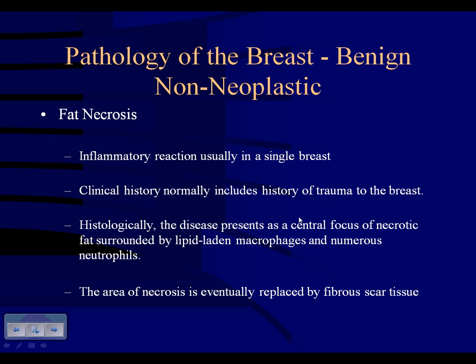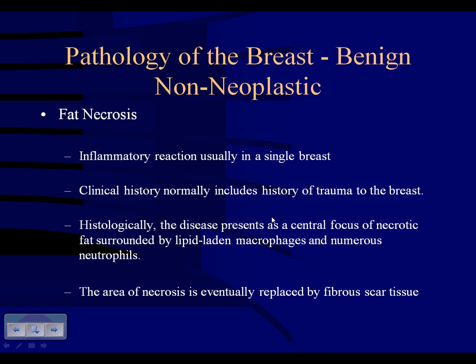All right, what about fat necrosis? Remember, there's a lot of fat in the breast, and so one thing that can happen occasionally is that the fat becomes traumatized in some way, and it will show some necrosis. Now, this fat necrosis can be seen in patients who've had prior biopsies, and we see that lots of times.